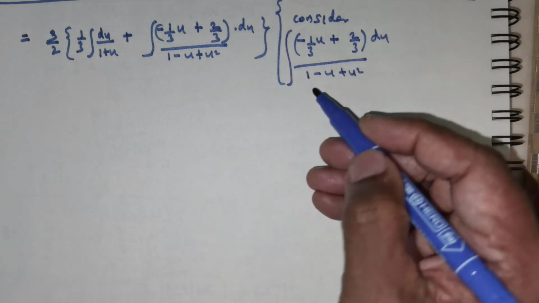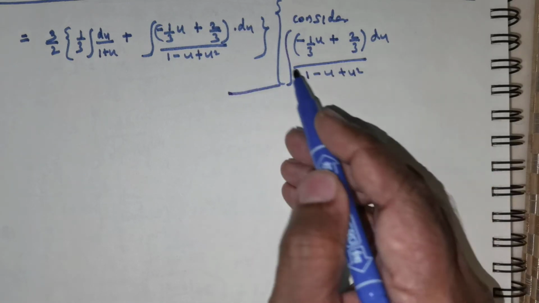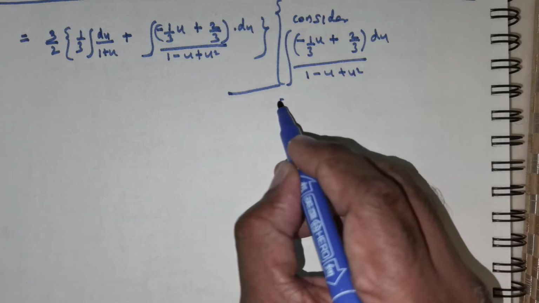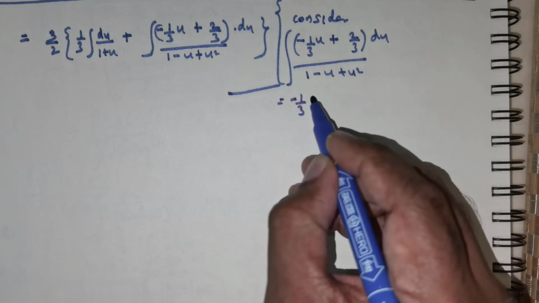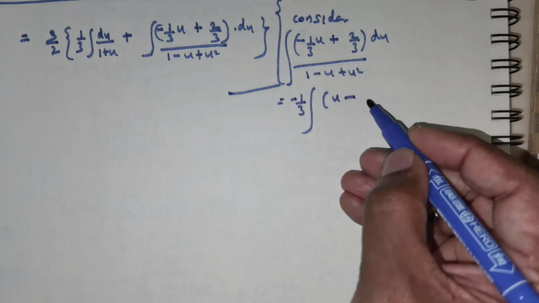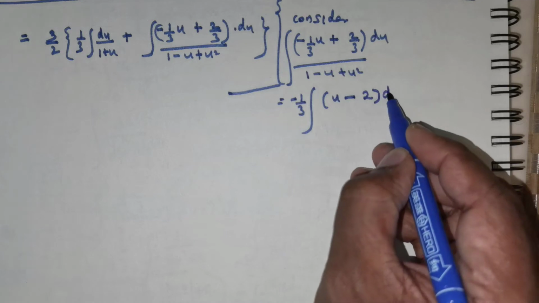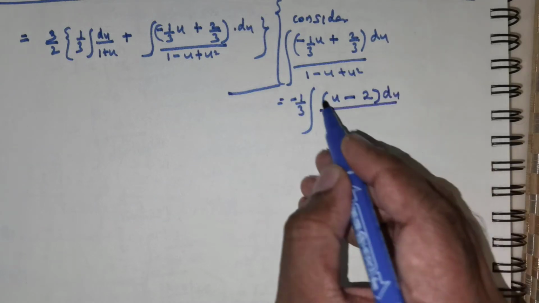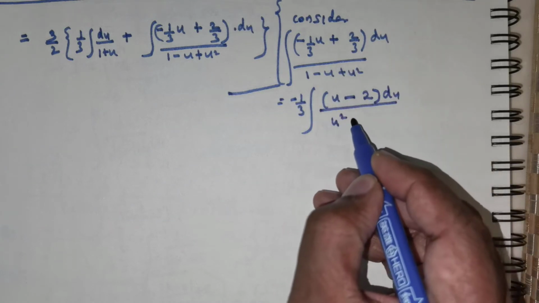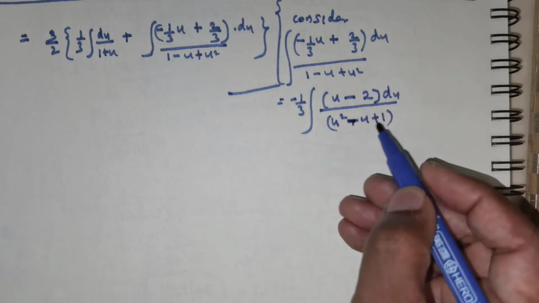This is what we've got. Now what I want to do is I would like to take negative 1 over 3 out. Now if I were to take negative 1 over 3 out, this would give me u negative 2 times du divided by, let me rewrite this as u squared negative u positive 1, right?